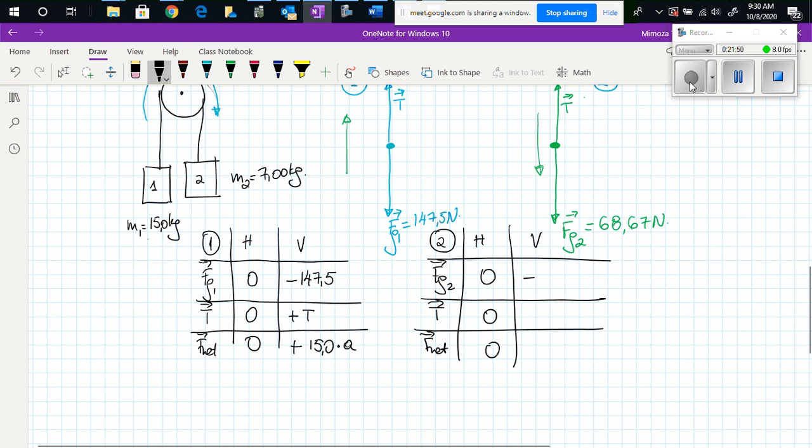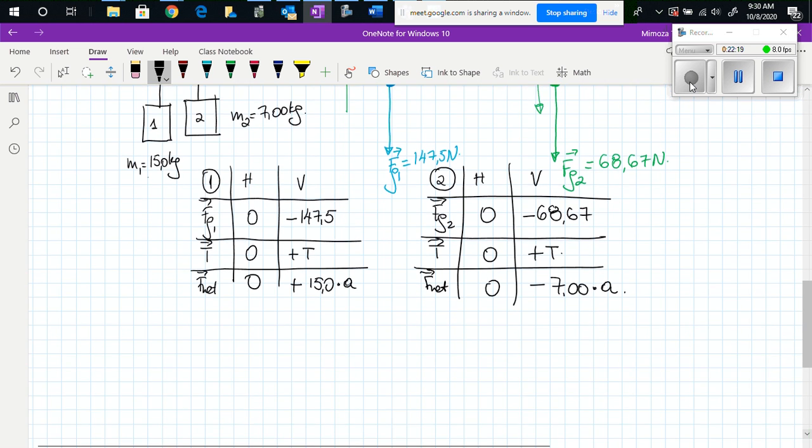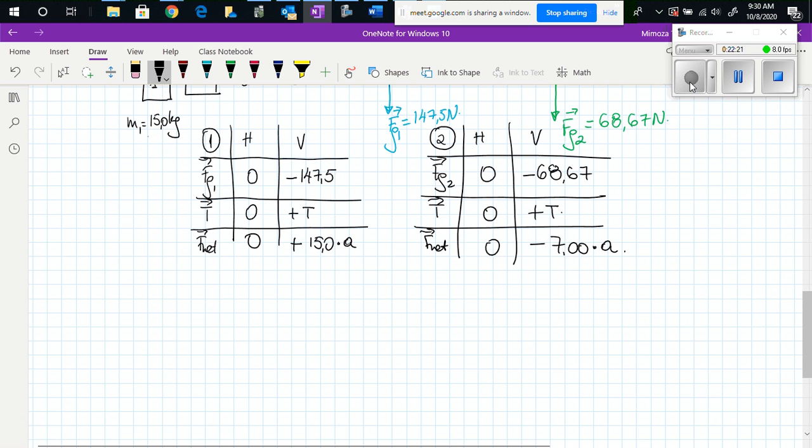And the vertical will be negative 68.67. Tension will be positive T. And since we are saying that object 2 is going down, it's opposite of the positive vertical axis, so it will be negative 7 times A. As you see from this relationship, the horizontal components are pointless.